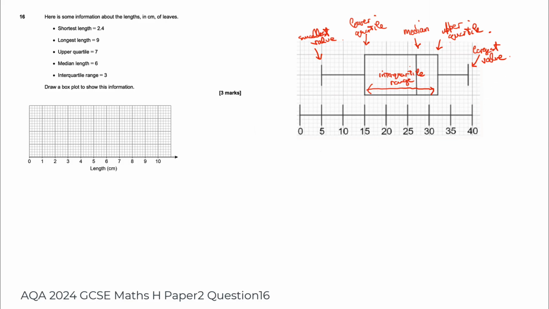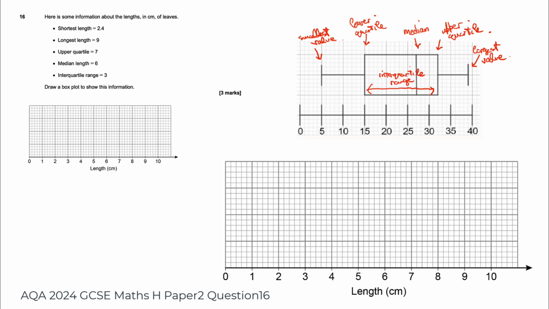So let's have a look at a larger diagram of the one that we're trying to draw, and we'll have a look at what we're told. The shortest length is 2.4. 5 boxes between 2 and 3, each one must be 0.2. Well, 2.2, 2.4, 2.6, 2.8, 3. So 2.4 for the shortest length.